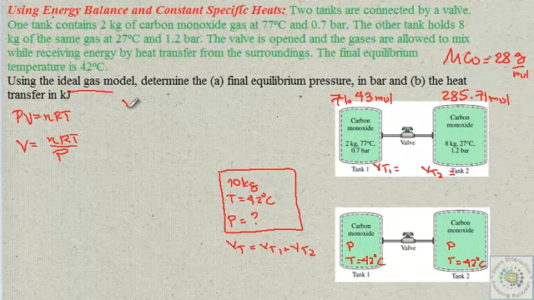Okay, and how to get the volume? So now if we solve for the volume of tank 1, we'll just have n, which is 71.43 moles. Okay, R will be 8.3145 joule per mole Kelvin. Temp is 77 plus 273.15, that's conversion. That gives us 350.15 Kelvin.